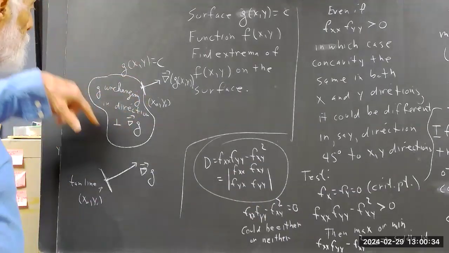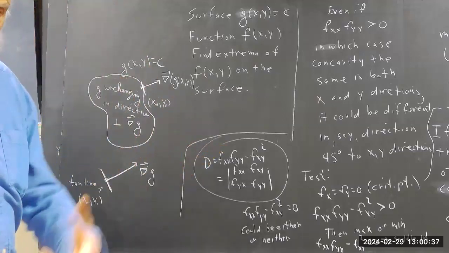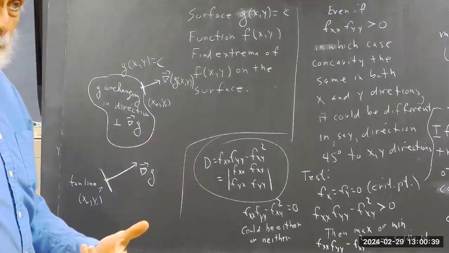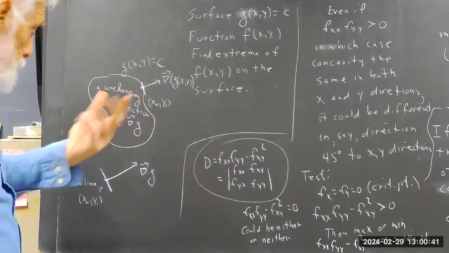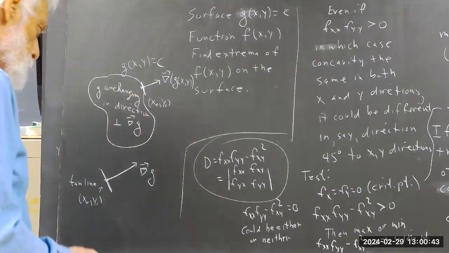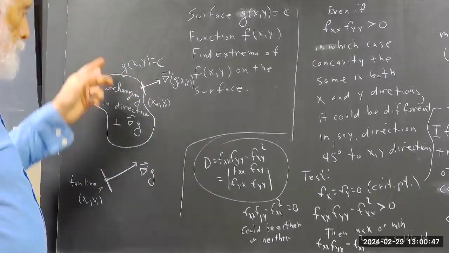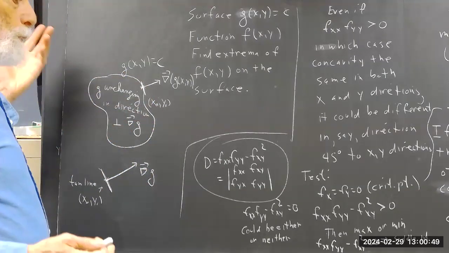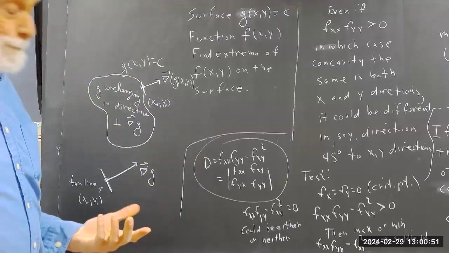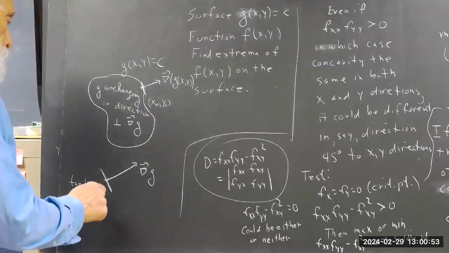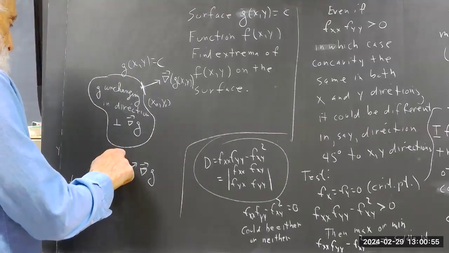g just tells you where you want to look to find the maximum or minimum. It's a path we're following. We want to know when it's going to get hottest or when it's going to get coolest. f has a gradient.